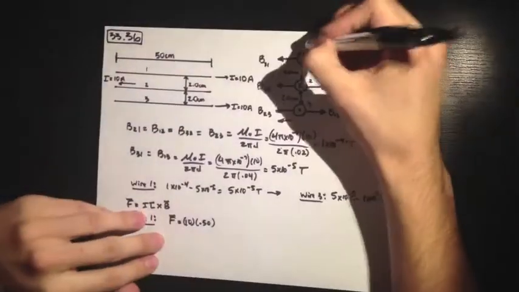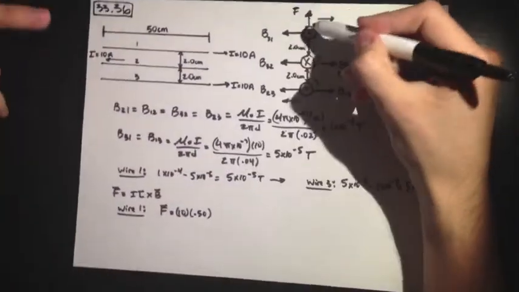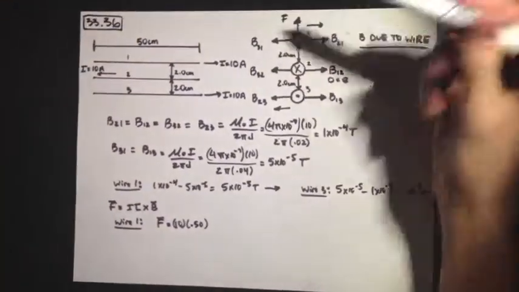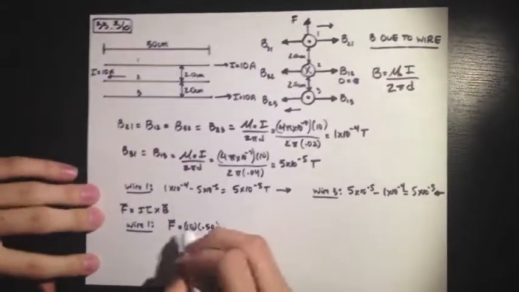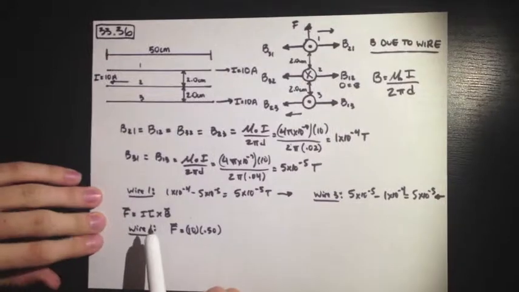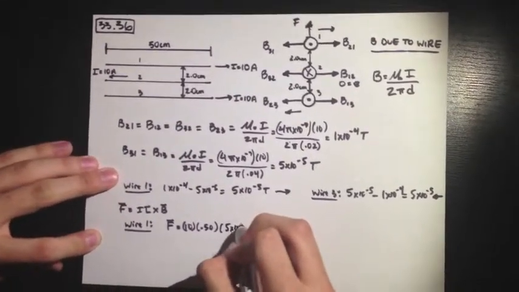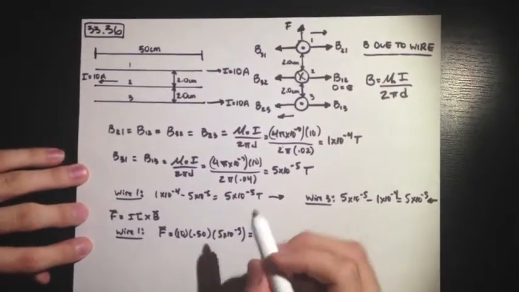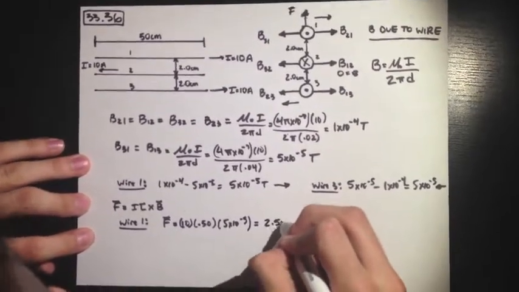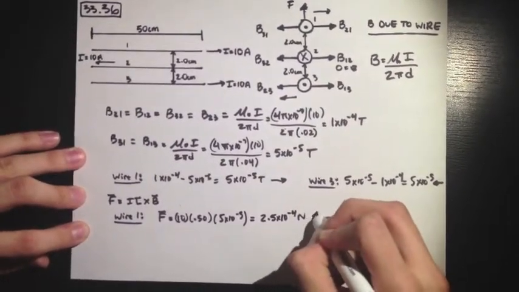So that'll be the force there. And the angle between them is 90, so the sine of 90 is 1. So then you multiply by the net magnetic field from wire 1, 5 times 10 to the negative 5th, and you come out with 2.5 times 10 to the negative 4 newtons up.